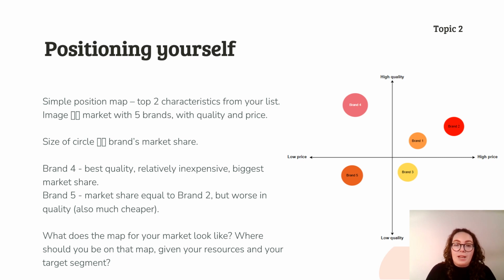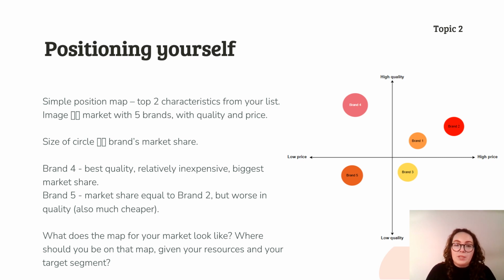We see brand 4, for example, which has the best quality among the 5 that have been mapped, but is not very expensive. It is priced lower than average price. We can also see brand 2 and 5, which have similar market shares. The size of the circle represents its relative market share.